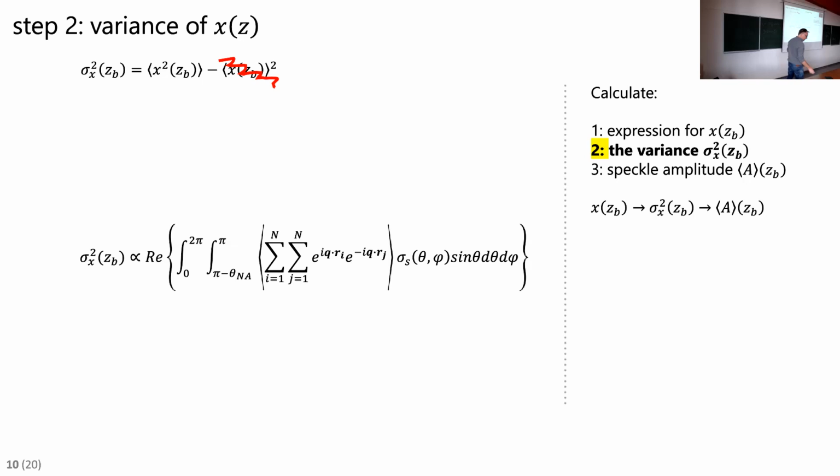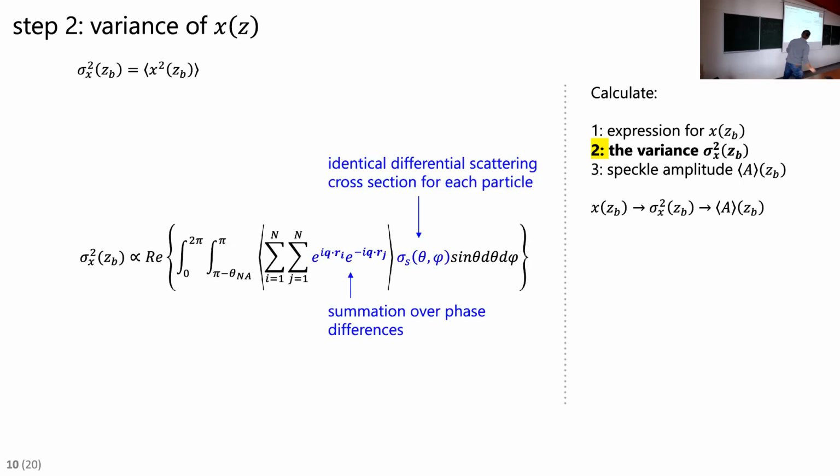The integration over the numerical aperture remains the same. Now all of a sudden, we start to see some familiar terms that we encountered earlier on. We have the scattering cross section, differentiated to the different scattering angles, and a term that sums over phase differences between different particles, the structure factor.